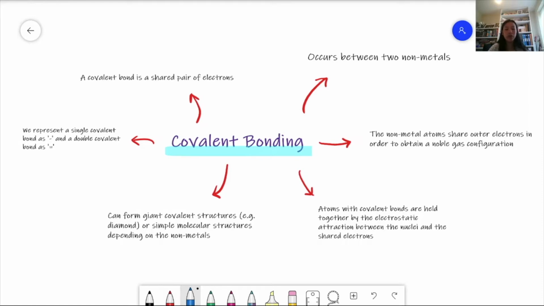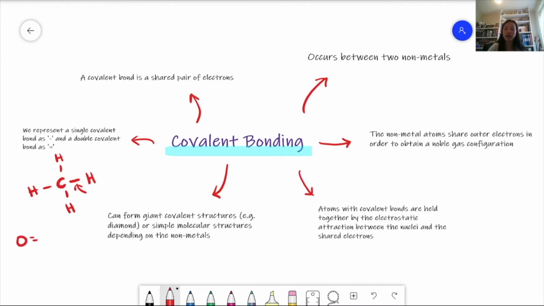The atoms with covalent bonds are actually held together by the electrostatic attraction between the nuclei and the shared electrons. We represent a single covalent bond as one dash, so one line. So for example, if we had CH4, then it would be like this, and that's the covalent bond. And a double covalent bond would be an equal sign.